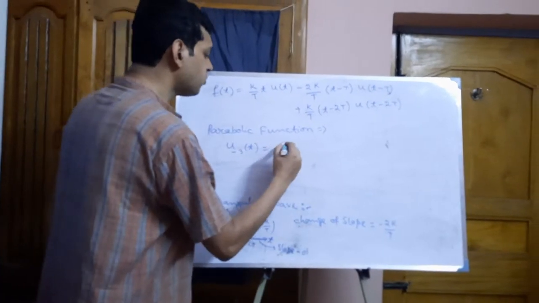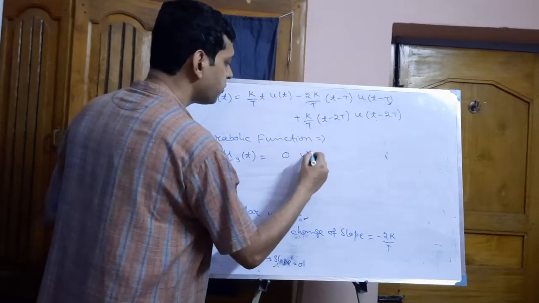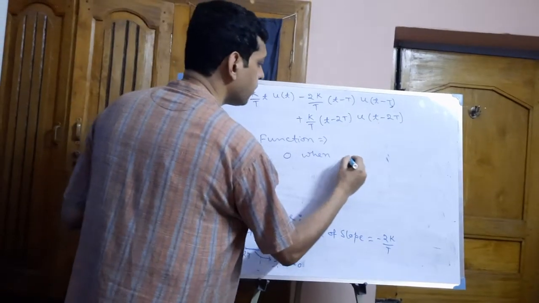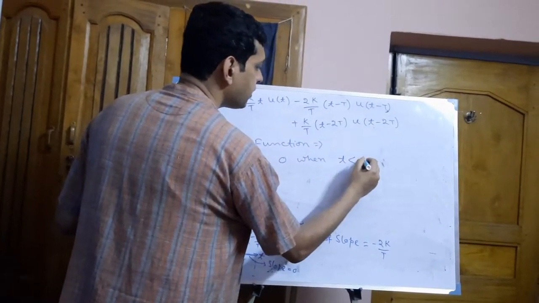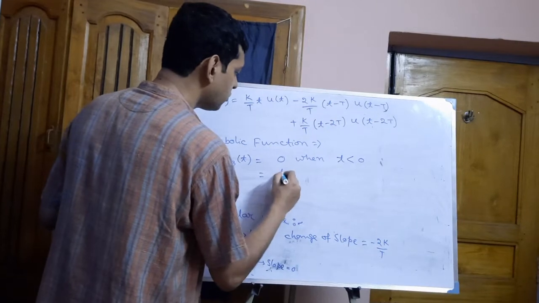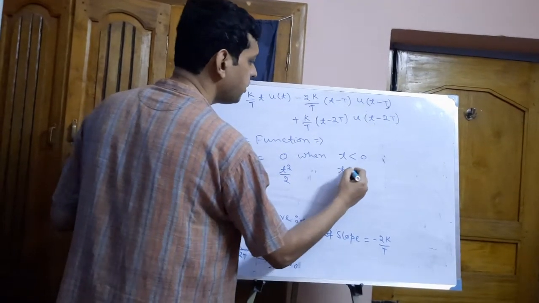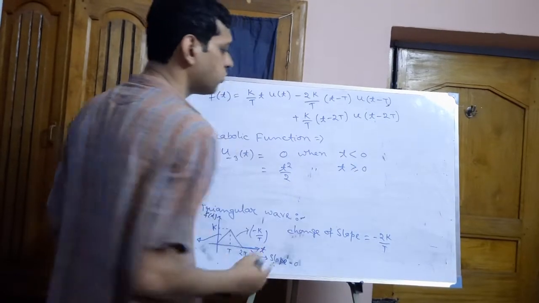This is equal to 0 when t less than 0, and this is equal to t square by 2 when t greater than equal to 0.